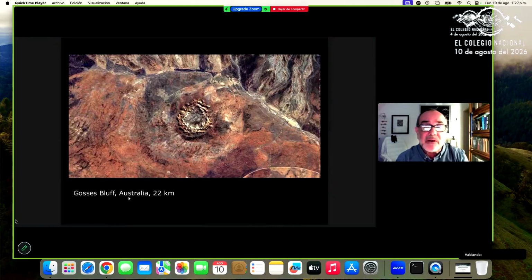That was the original crater outline, the 22 kilometers. What we see here in the center is actually the so-called central uplift that used to be below the crater floor. This crater is over 140 million years old, so a lot of the rocks have been weathered and eroded away, and it makes it difficult to see that it's an impact crater. It's a crater at all, in fact. Next picture.